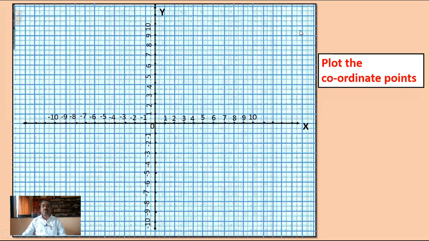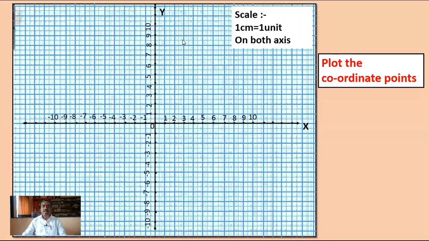How to plot a point on the graph paper? First, you understand how to plot the given point. On this graph paper, on both axes, x and y axis, the scale is 1 centimeter equal to 1 unit.